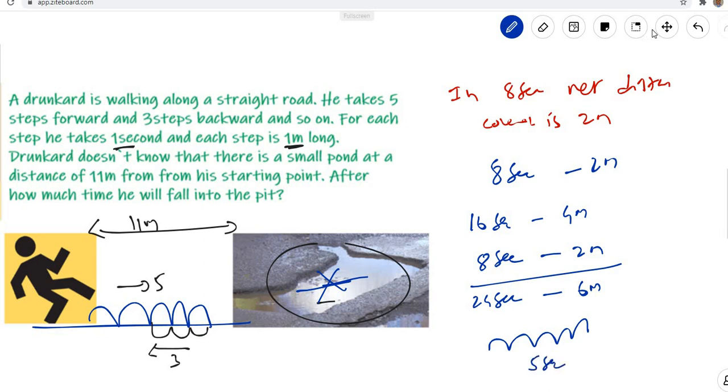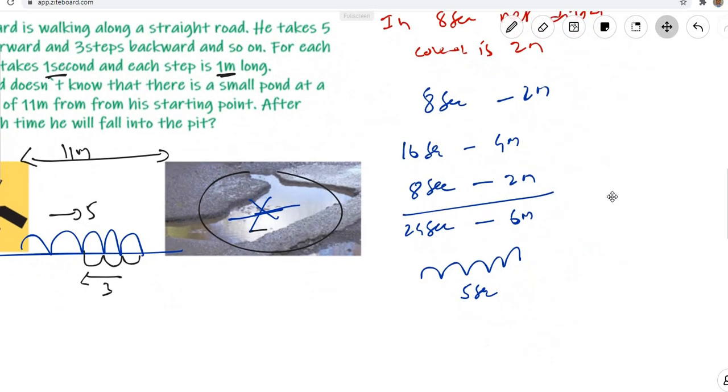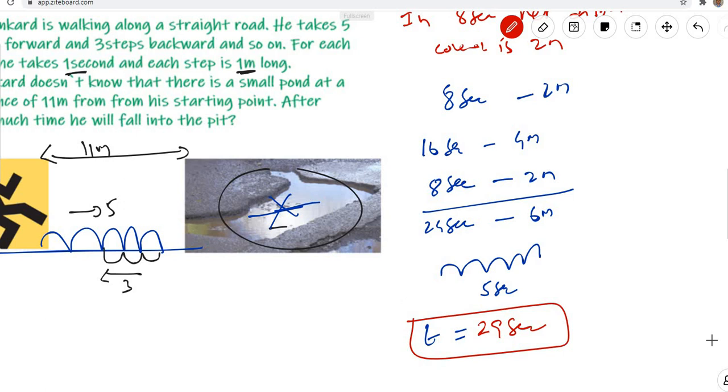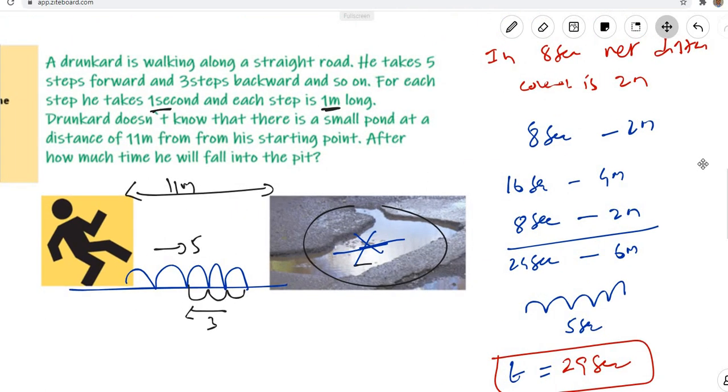The total time after which the drunkard falls into the pond is 24 seconds plus another 5, that is 29 seconds. Very interesting problem.